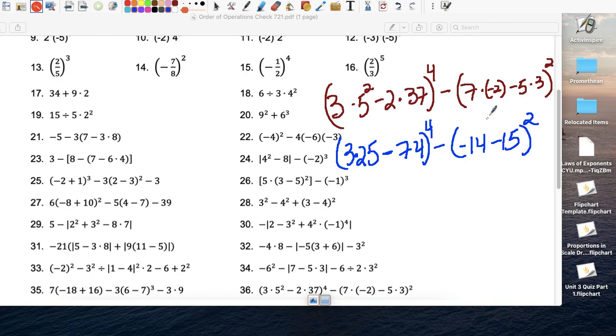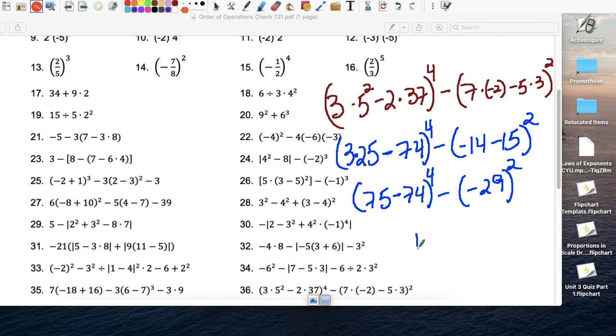Just checking to see if I copied this correctly. 7 times negative 2 is negative 14. 5 times 3 is 15. So 3 times 25, right, is 75 minus 74 to the fourth power. That's going to be easy to do. And this is going to be negative 29 to the second power.